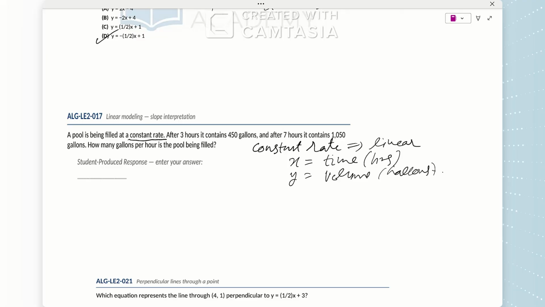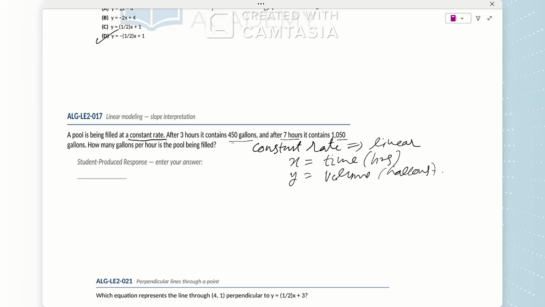Now the tank is being filled at a constant rate. That means the relationship will be linear, or of a straight line. Now the data that are given to you is that at 3 hours the volume is this much, and at 7 hours the volume is this much.